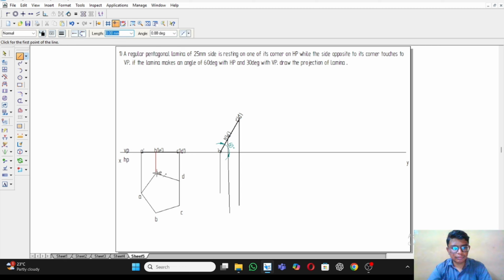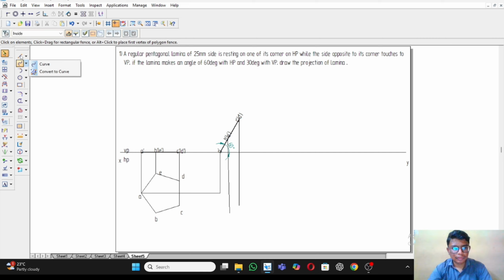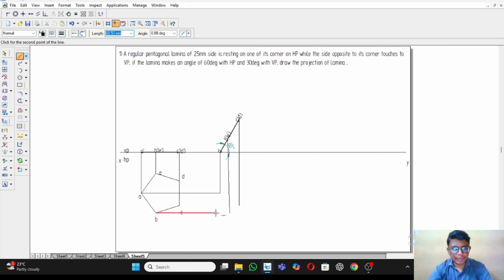But we have to project from the first projection to the second projection. From A to A dash, from B to B dash.